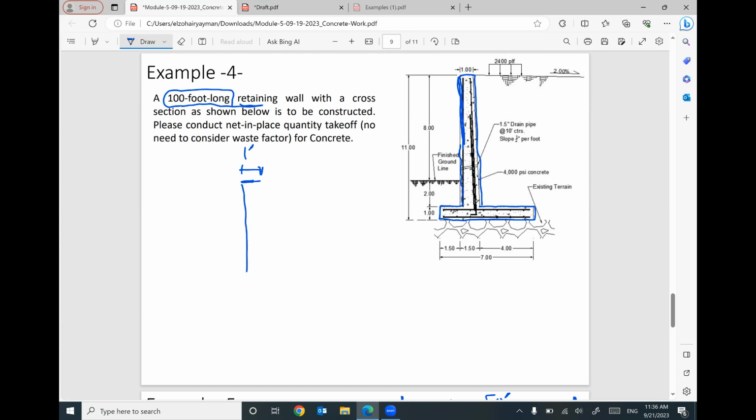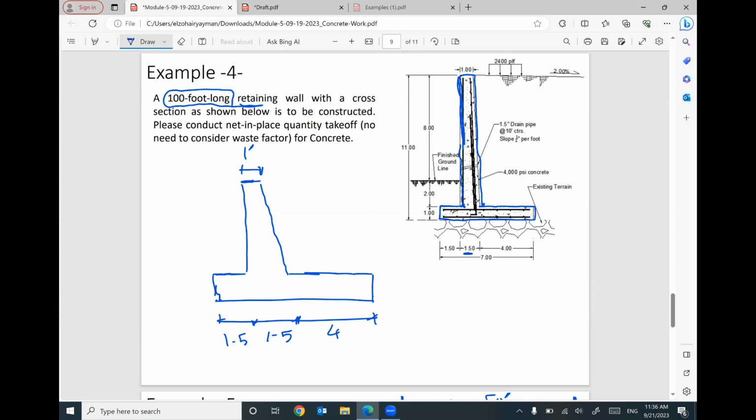At the bottom, this one is going like this. So the width at the bottom is 1.5 feet. How did you know? This one, 1.5 feet for this width. So we are given 1.5, 1.5, 4 feet. And this thickness is given as 1 feet. And the total height here is given, I think it's 2 plus 8, it's 10 feet.